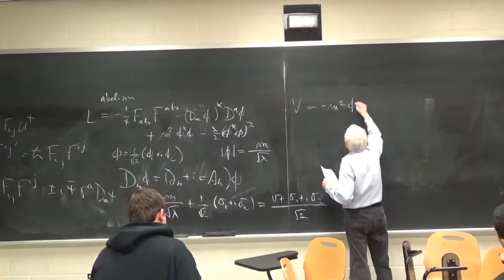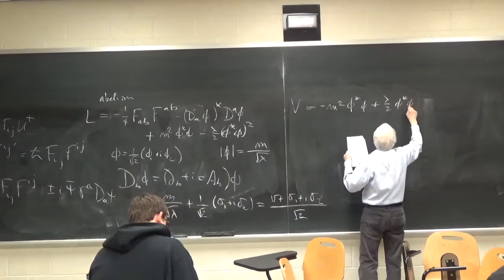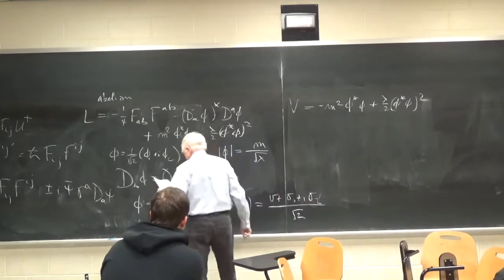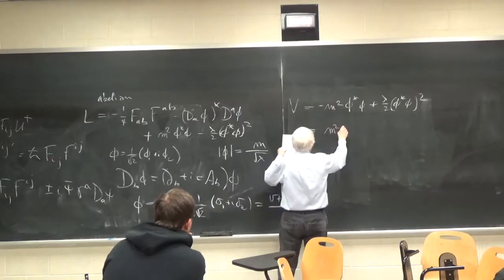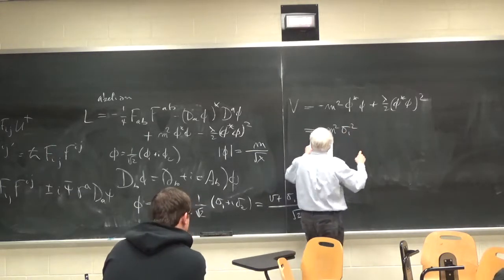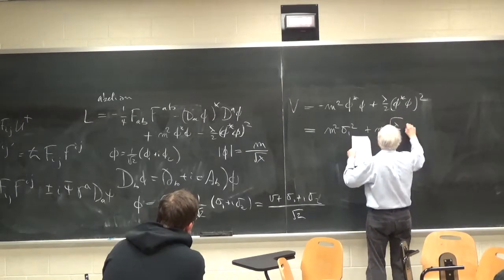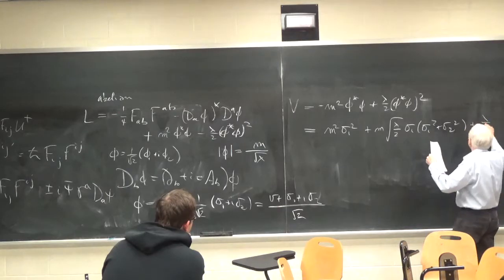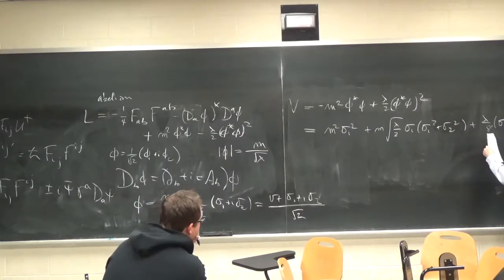So if we write this as phi star phi plus lambda over 2 phi star phi squared, after a certain amount of cancellation, one gets m squared sigma 1 squared plus m square root of lambda over 2 sigma 1 times sigma 1 squared plus sigma 2 squared plus lambda over 8 sigma 1 squared plus sigma 2 squared squared minus m to the 4th over 2 lambda.